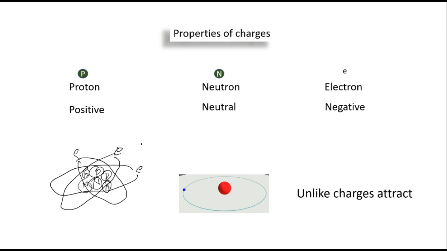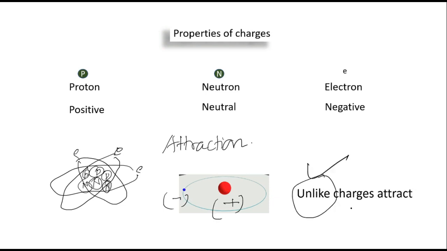Because they are being attracted. So there is attraction. Since the electron is minus and the proton is plus, they are unlike charges and they attract each other, and because of the attraction, since the electron is very light, it is attracted more towards the proton, and because of that it revolves around the proton. Protons also will be spinning, just like it happens in the solar system.